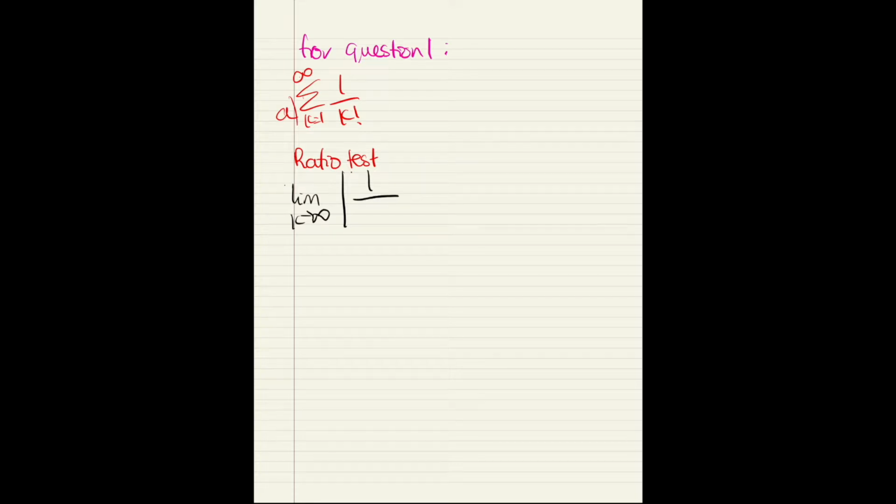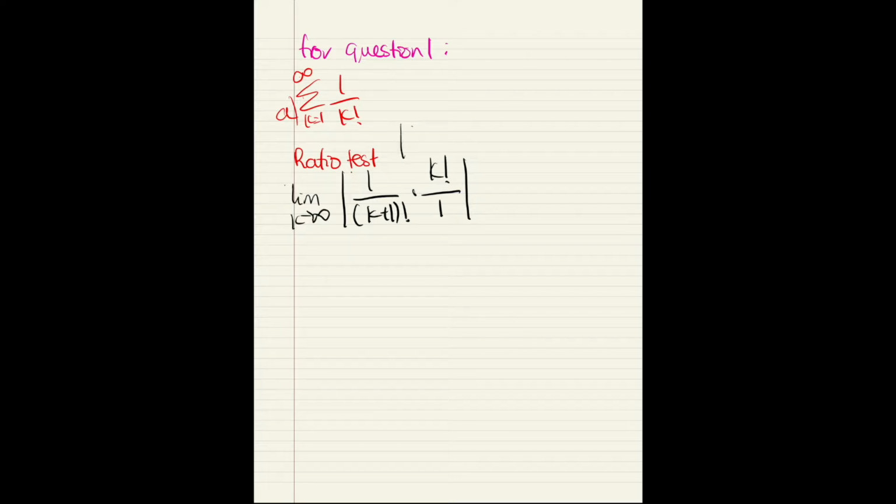For the first question, 1, the series of 1 over k factorial. Apply the ratio test. We have the limit as k goes to infinity of the absolute value of 1 over k plus 1 factorial times k factorial over 1.